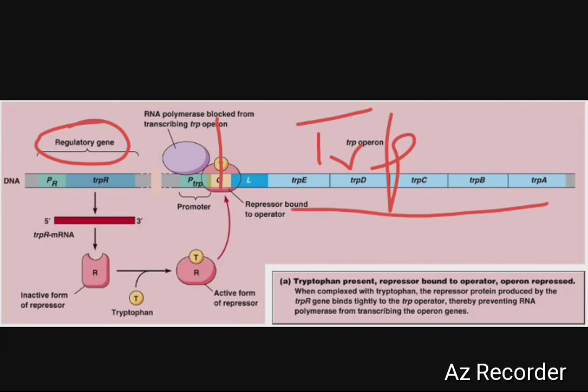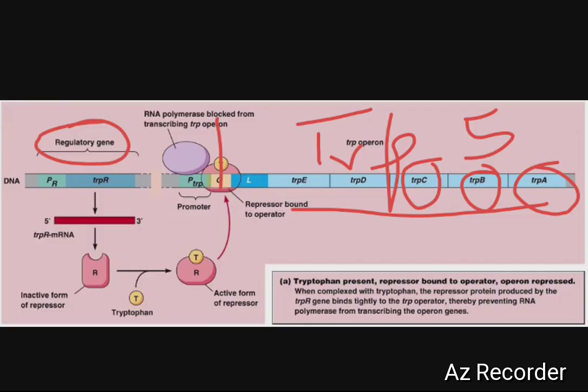In the case of lac operon, do you remember how many structural genes were there? 3. And in the case of tryptophan operon, there are 5 structural genes: TRPE, D, C, B and A. These are all 5 structural genes which code for different things. I will let you know further which gene codes for what.